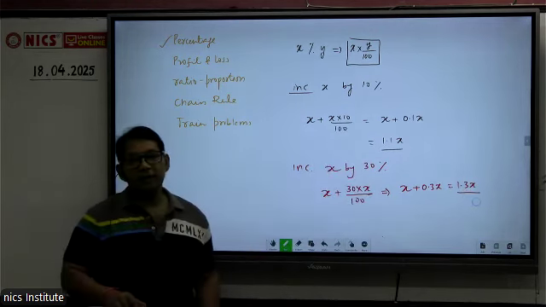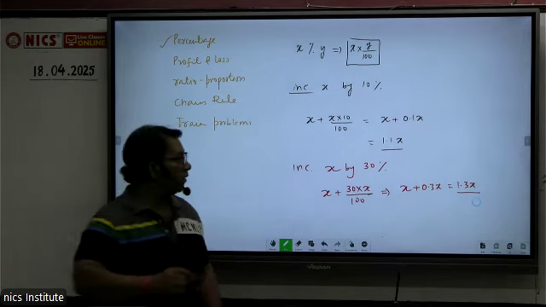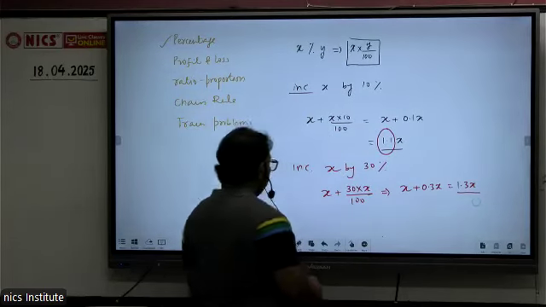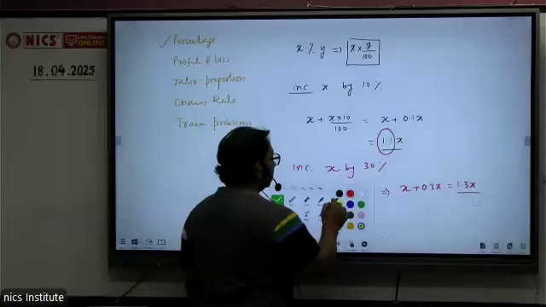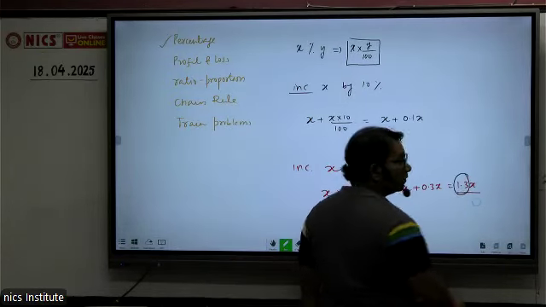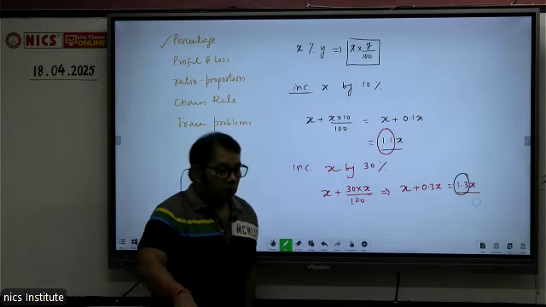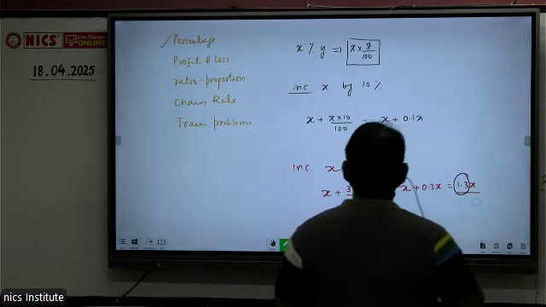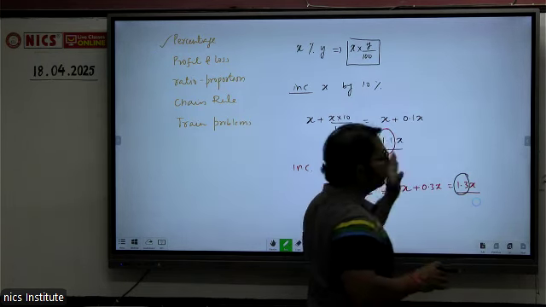So if you want to increase x by 10%, you have invariably multiplied by 1.1. If you want to increase x by 30%, you have multiplied by 1.3, right? This is a shortcut. Suppose you want to increase something by 10%, simply multiply by 1.1.